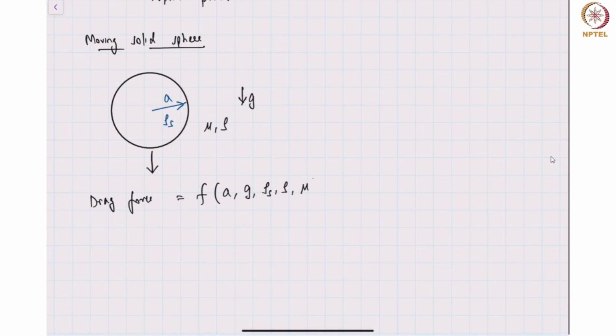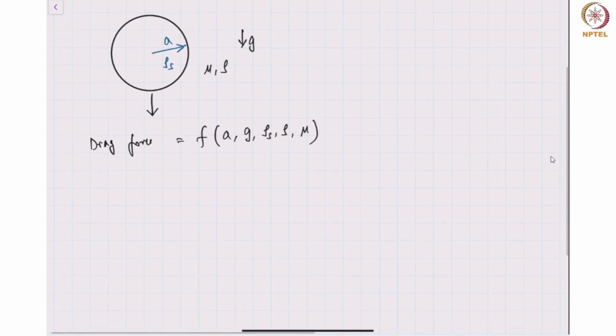Now, if I were to look at the free body diagram of this particle, here's the particle. If the particle is moving downwards, it's experiencing a drag force and it's experiencing a weight minus a buoyancy force. Okay.